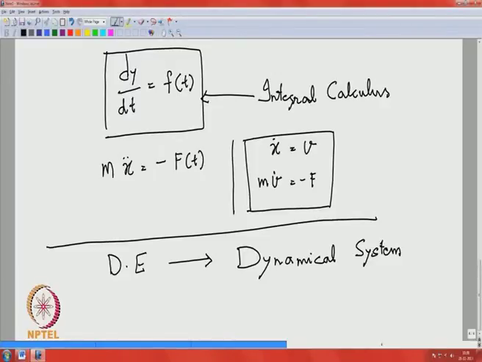The dynamical system point of view gives a better feeling about your differential equations, and you are going to see plenty of examples throughout this course. Here t is your independent variable and y is your dependent variable. Given time t, you will see your solution y of t, which is the trajectory.